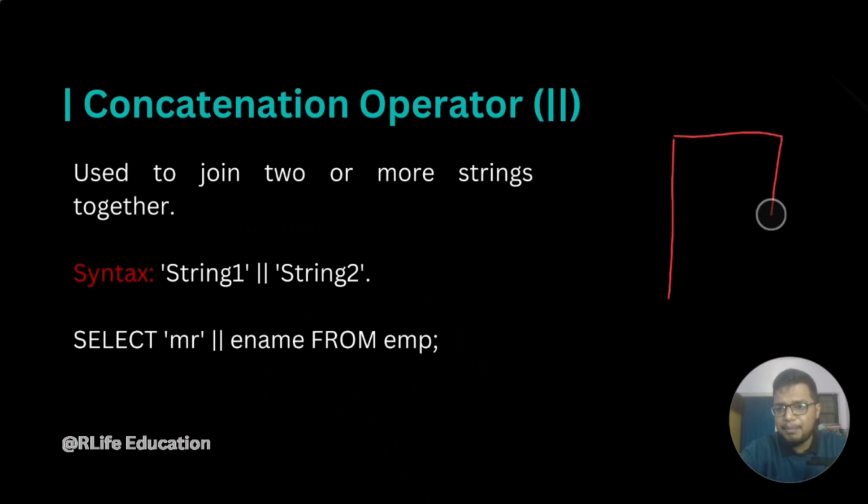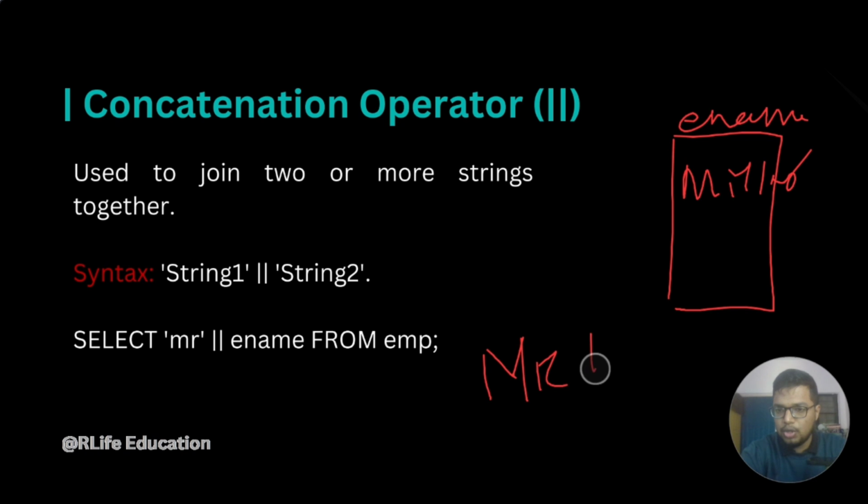Assume this is my employee table, and this is the employee name column. In this column, the first person is Miller, and I have to show Mr. Miller instead of Miller. So what I can do is write the select statement. I have to write Mr. Mr. is not present here, so I just have to write it.